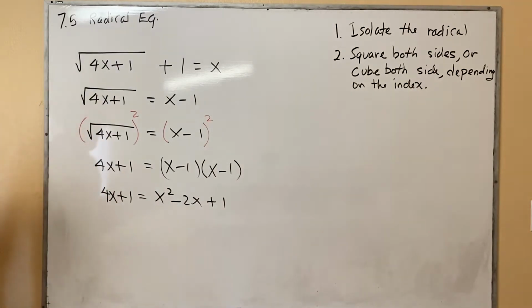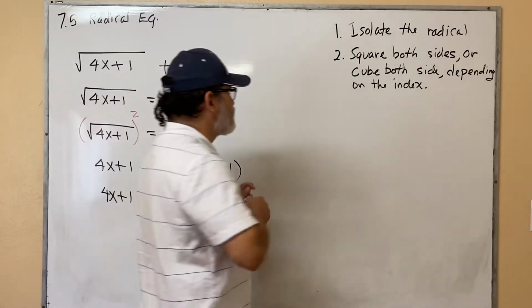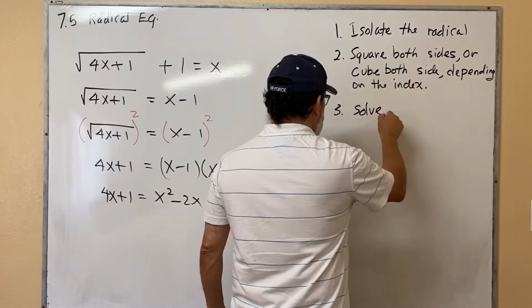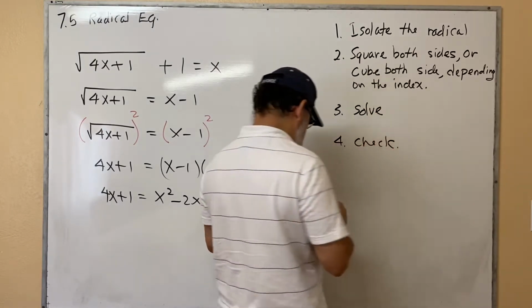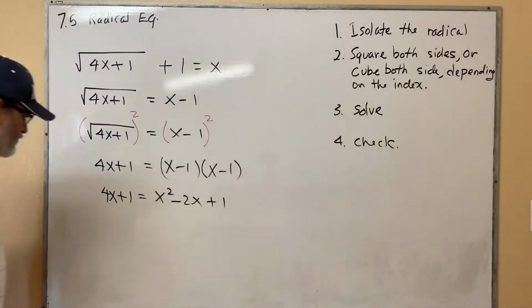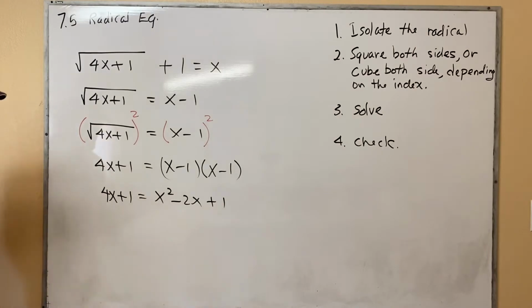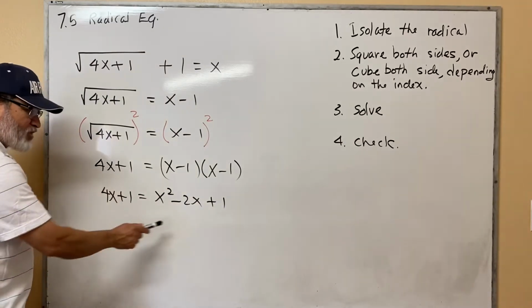Now we're going to solve. So step 3, solve. And step 4, check. So this is quadratic. I'm going to set it equal to 0 because it's quadratic. Bring this to the right. You see this 1? This 1 cancels this 1.